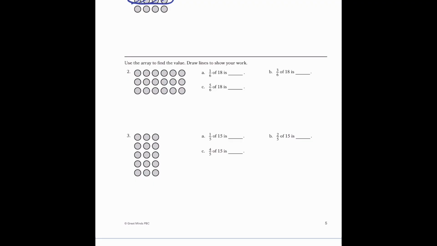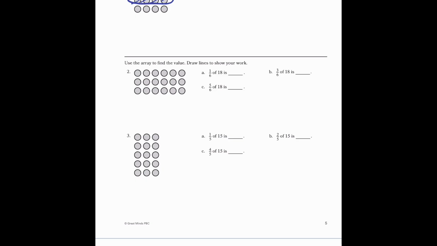So 1/6 of 18. So we have a total of 18 here, a set of 18. And my denominator is 6. So notice there are not 1, 2, 3, 4, 5, 6 rows, okay? We have 3 rows, 6 columns, okay? So we're going to almost pretend that it is turned sideways.